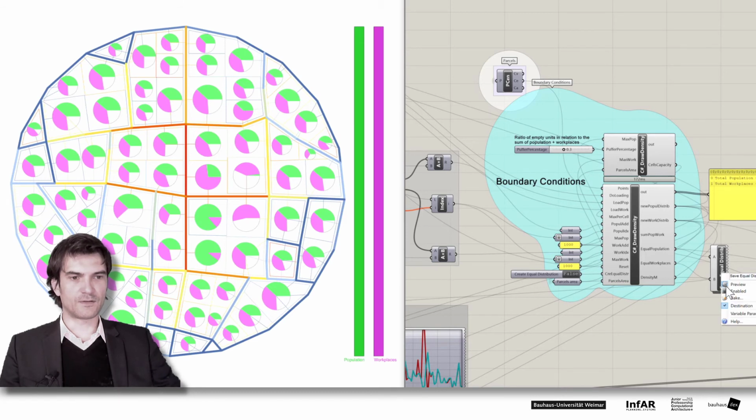Here again, the same thing, you can define the path. So be sure you know which file you use to store the information. And after you activated it, you have to enable it, so you have to set this Boolean toggle, create equal distribution, to true.